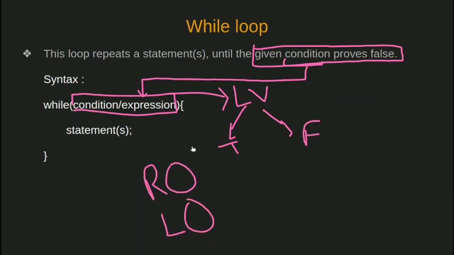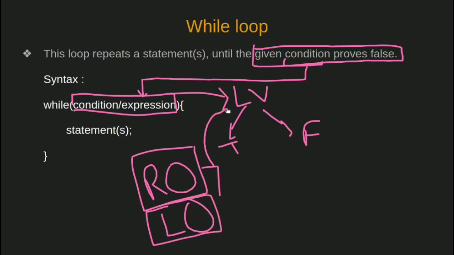Now from the video on operators, we got to know that our relational operators and our logical operators are the only two operators which provide a logical value, in terms of true and false.